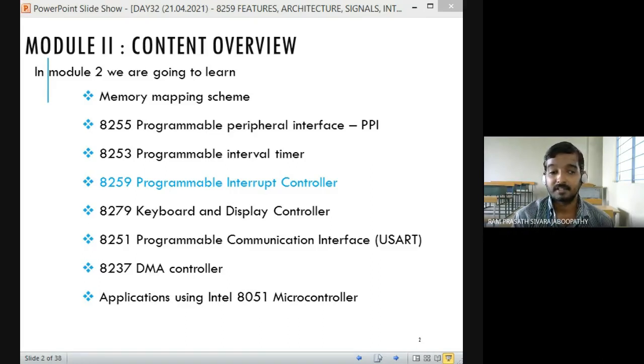Yes, 5 interrupts. What are the 5 interrupts? Trap, RST 7.5, RST 6.5, RST 5.5. Then, what about the other one?